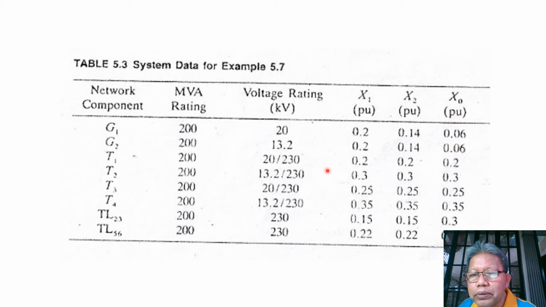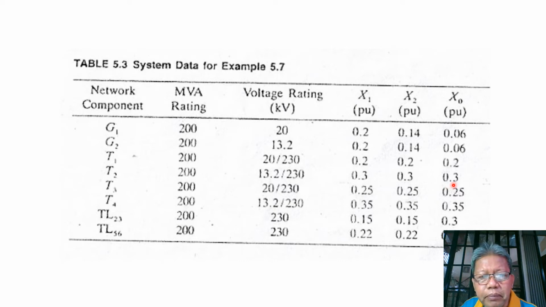So this is what we discussed before, that for transformers, the positive sequence, the negative sequence, and the zero sequence are equal. Now for transformer T2, it has an MVA rating of 200 with voltage rating of 13.2 to 230 kV. Its positive sequence reactance is 0.3, negative sequence reactance is 0.3, and also zero sequence reactance is 0.3.